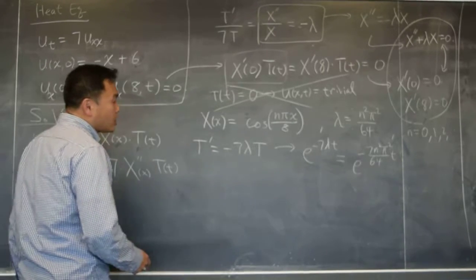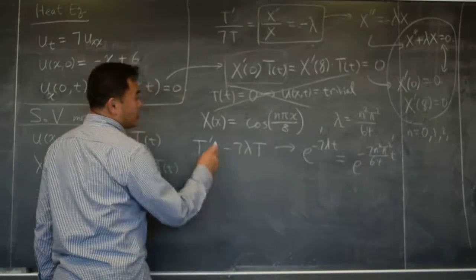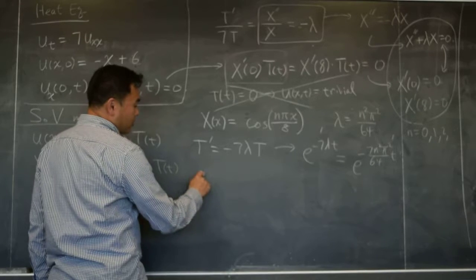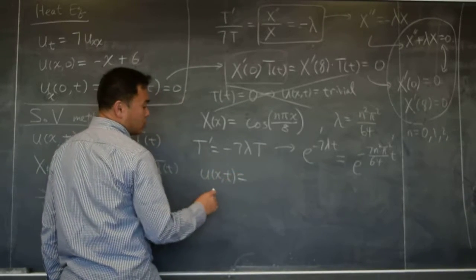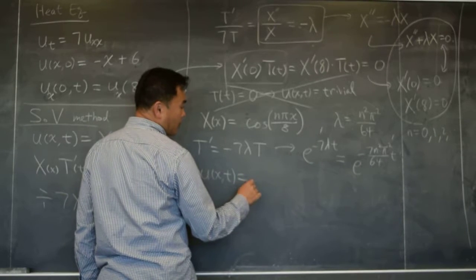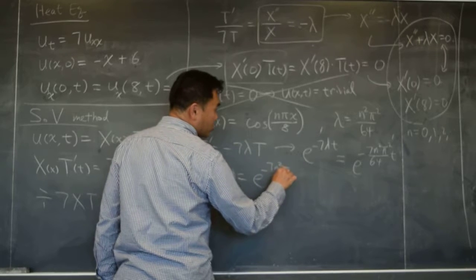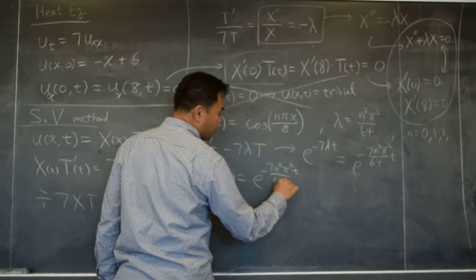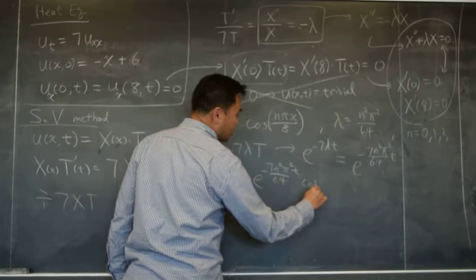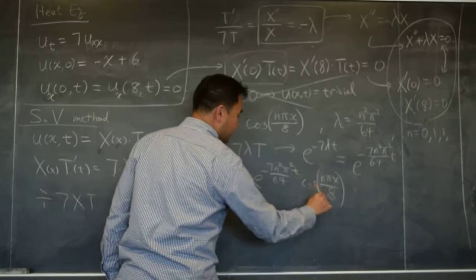So this is what we have so far. Since this is your T and this is your X, we have u(x,t) equal to e to the negative 7 n squared pi squared t over 64 times cosine n pi x over 8.